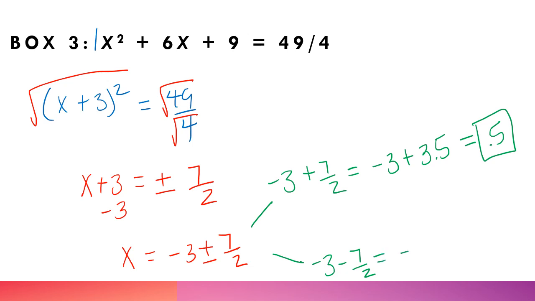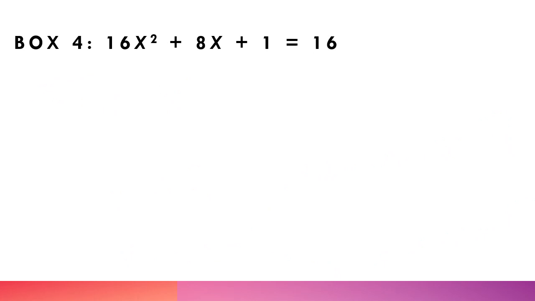Here we have negative 3 minus 3 and a half. You already owe me $3 and you're like, let me borrow another $3.50. So now how much do you owe me? You now owe me negative 6 and a half. See, fractions are our friends.